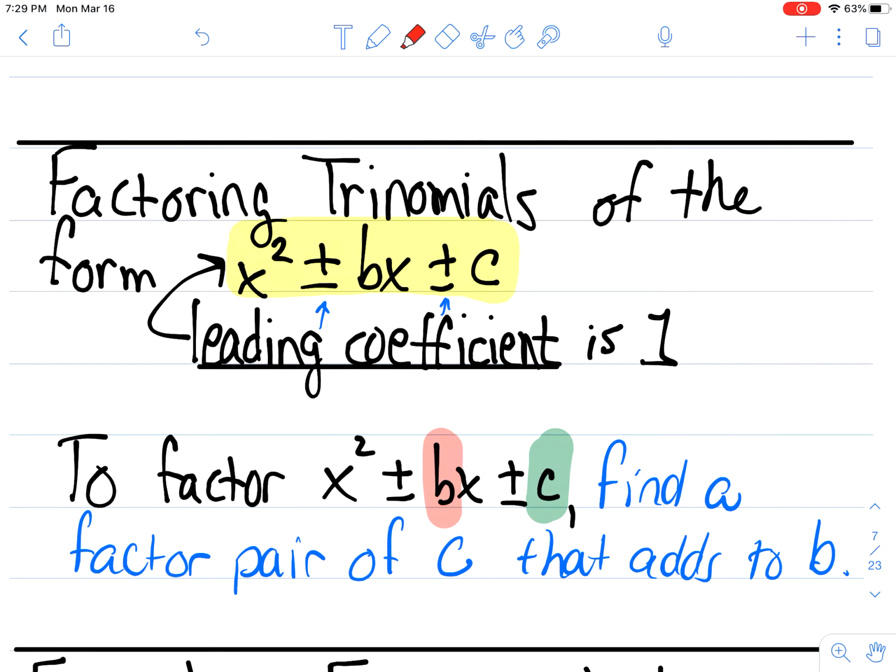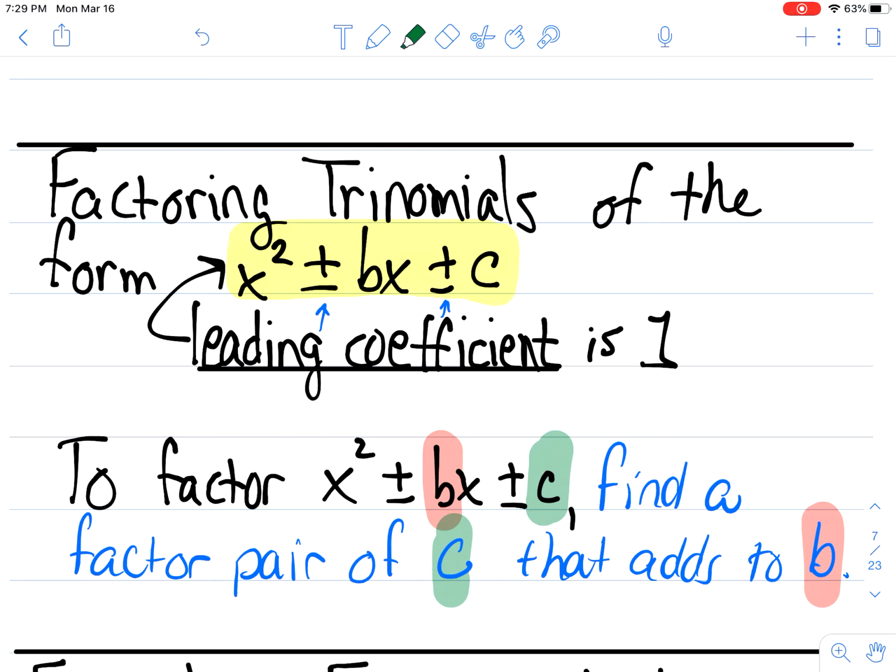There's c and there's b. So we're going to find a factor pair of c that adds to b. You can get that sentence in your notes and do the highlighting as you wish.